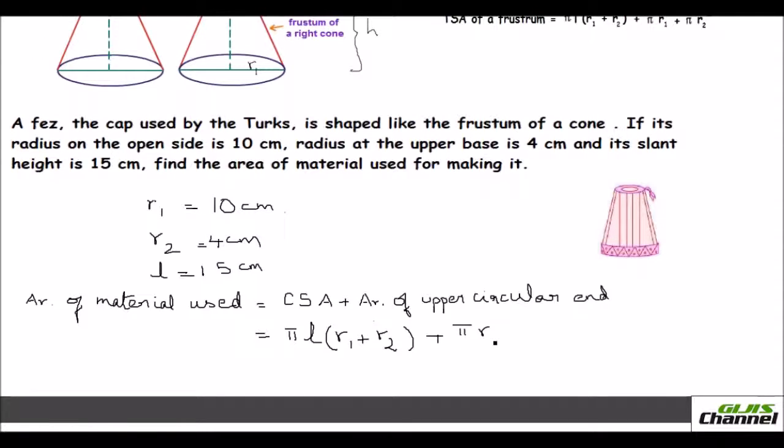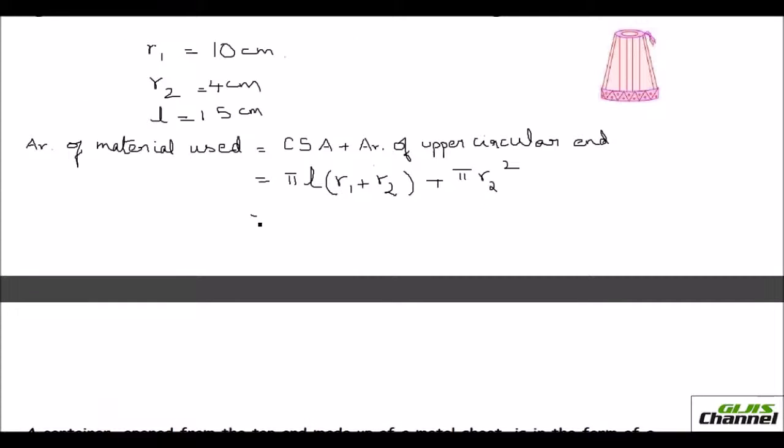You have to take the smaller radius for this. Let me substitute the values now. That is pi times 15 times 10 plus 4, plus pi times r2 square, that is 4 square.